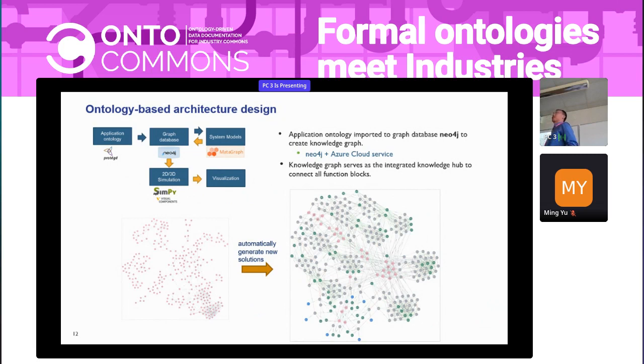It's a customized algorithm with some Python and some Cypher query language, which is a language provided by Neo4j. We integrate all these queries into this Python script to run all the queries and generate the new process automatically. After this, we will have new alternatives for the future assembly process.